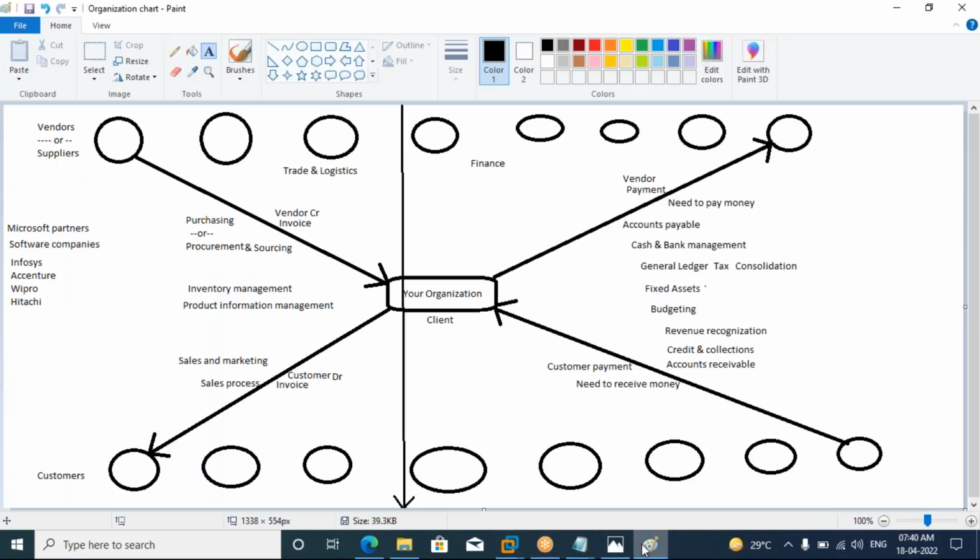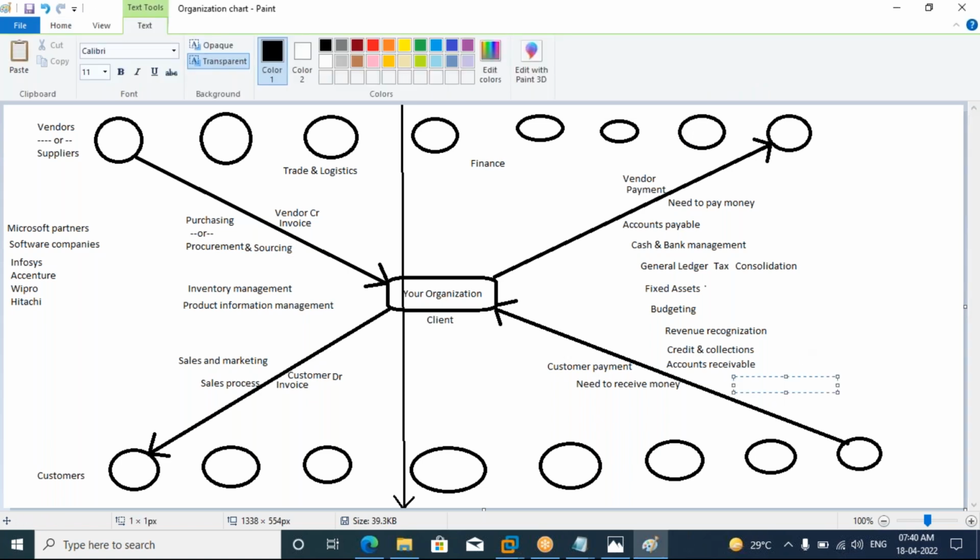So I'm receiving money from the customer. So here, in what comes in, debit the cash or bank account. Cash or bank account, it is debit.